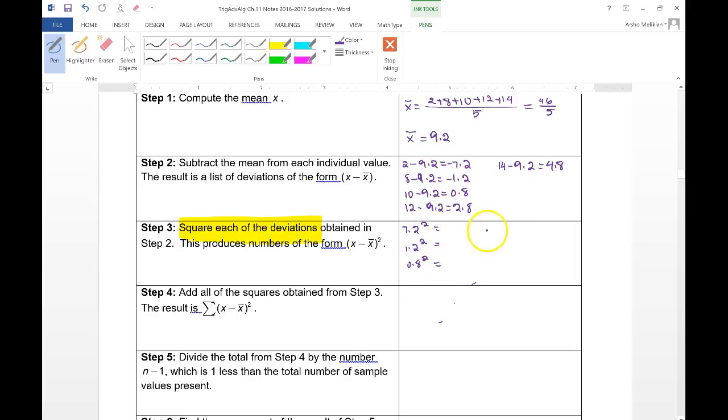Suppose you're squaring negative 2. Negative 2 squared is negative 2 times negative 2, and what's the sign going to come out to? Positive. So when you square a number, it always comes out positive. All right, so here, 7.2 squared is how much? And 1.2 squared?